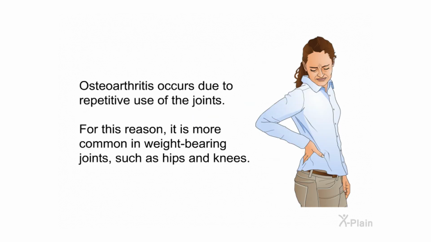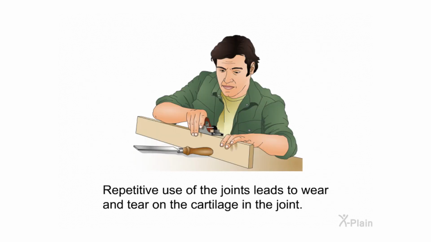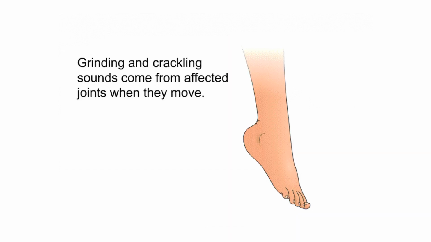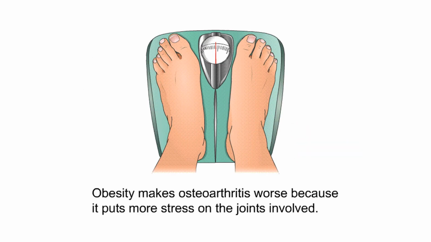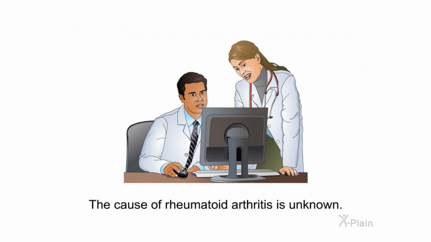Causes. Osteoarthritis occurs due to repetitive use of the joints. For this reason, it is more common in weight-bearing joints such as hips and knees. Repetitive use of the joints leads to wear and tear on the cartilage in the joint. Grinding and crackling sounds come from affected joints when they move. Obesity makes osteoarthritis worse because it puts more stress on the joints involved. The cause of rheumatoid arthritis is unknown.